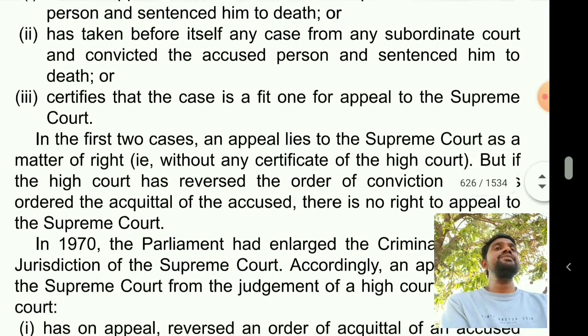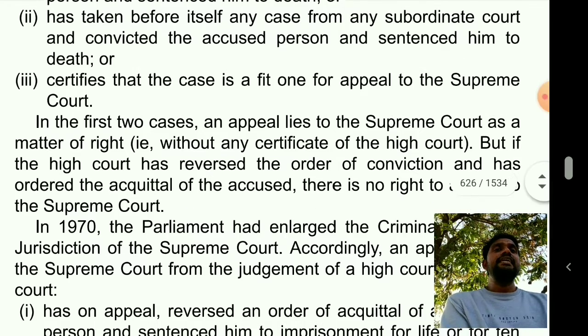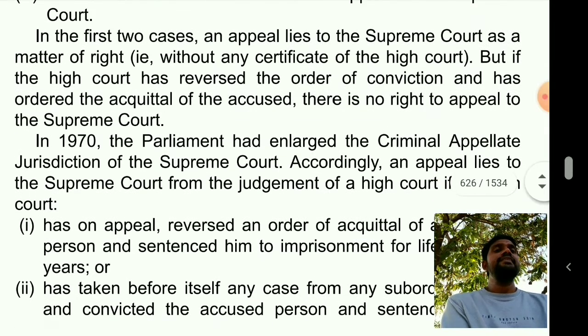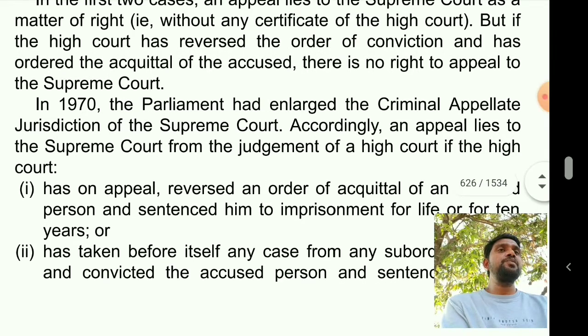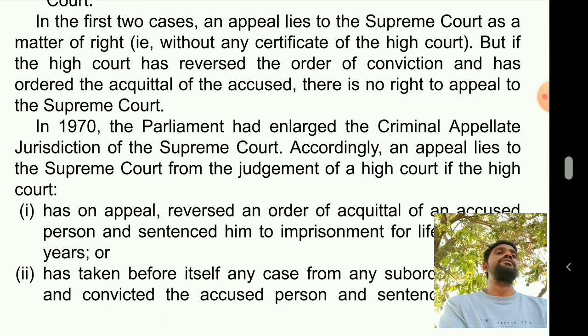Second, has taken before itself any case from any subordinate court and convicted the accused person and sentenced him to death, or third, certifies that the case is a fit one for appeal to the Supreme Court. In the first two cases, an appeal lies to the Supreme Court as a matter of right, that is, without any certificate of the High Court.